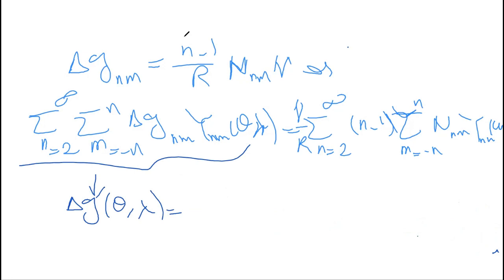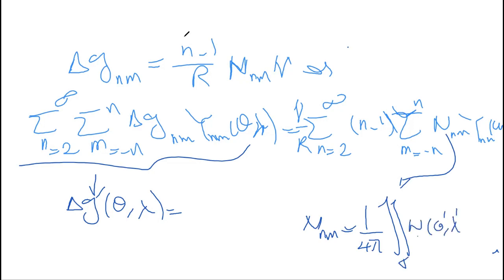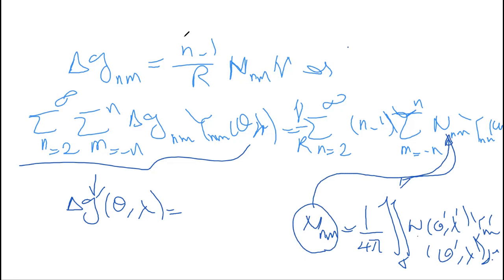But this N_nm we cannot directly use, though we already have the relation for the spherical harmonics. N_nm is 1 over 4 pi integral of N at theta prime, lambda prime, times Y_nm, if you remember the last lecture. If I insert this back into this equation, I get this.